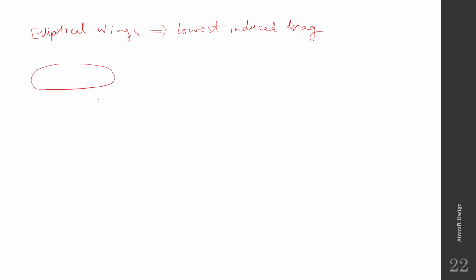Usually this is done to reduce the induced drag. It has been analytically shown that elliptical wings produce the lowest induced drag. So if your wing is elliptical like this, then this will produce the lowest amount of drag.